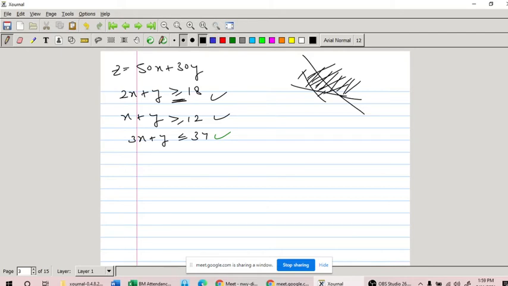Coming back to the question, again you will find out the corner points for these constraints by putting these constraints in a graph, and depending on the satisfaction, the feasible region, you will make a common feasible region for these constraints.